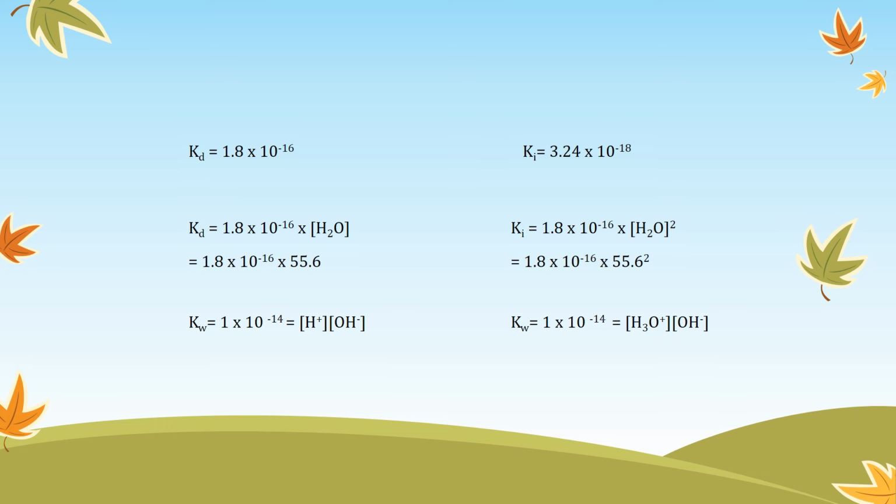So if you multiply it, you will get a value that is called the specific constant of water, that is Kw, which is 1 into 10 to the power minus 14, the multiplication of the concentration of hydrogen ion and the concentration of hydroxyl ion. Similarly, if you multiply the ionization constant with the concentration of the water involved in the reaction, there also you will get the specific constant of water, 1 into 10 to the power minus 14, which is the multiplication of the concentration of hydronium ion and hydroxyl ion.